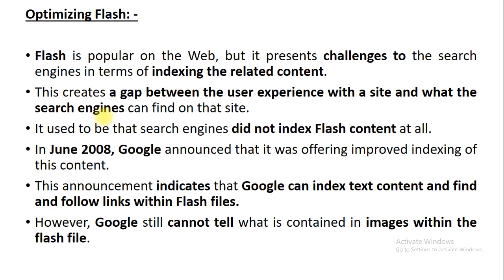This announcement indicates that Google can index text content and find and follow links within Flash files. So whatever links you have placed within Flash files can be easily identified by Google. But remember one thing: Google still cannot tell what is contained in the images within Flash files. That is again a limitation of the crawler or any search engine itself.